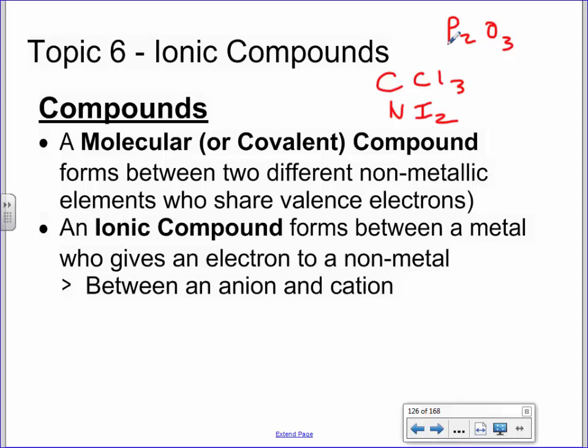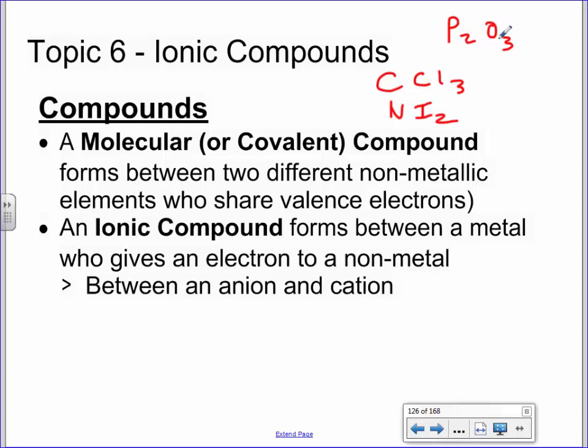Now the first one right here has a 2 in front of it, you'd have to call it a di. Anybody know what P stands for? Not potassium. Phosphorus. Good. So you would call this a diphosphorus trioxide.